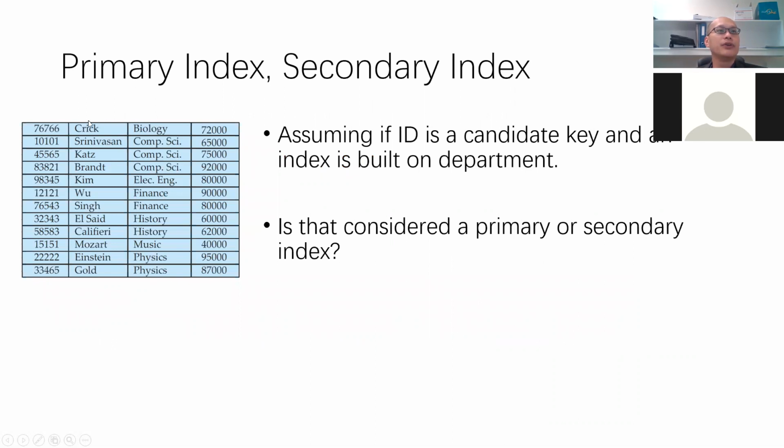If you go on to this new table over here, if we were to build an index on this column, it is in ordered form, and this will be considered the primary index. If you were to build the index on this ID, although this is the primary key, it is not ordered, so this will be the secondary index. This is just a small recap of what we covered last week.